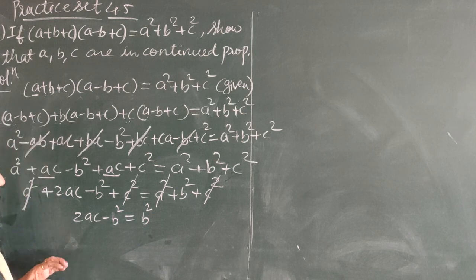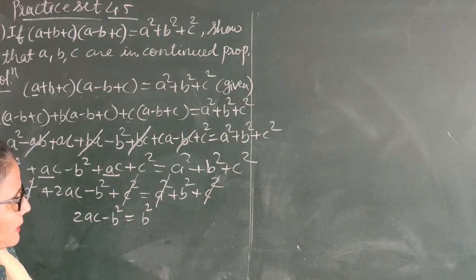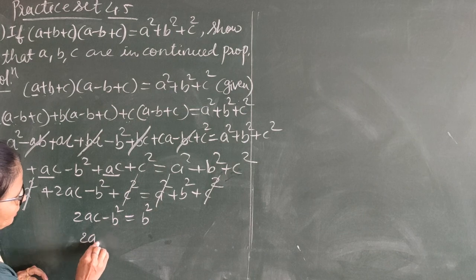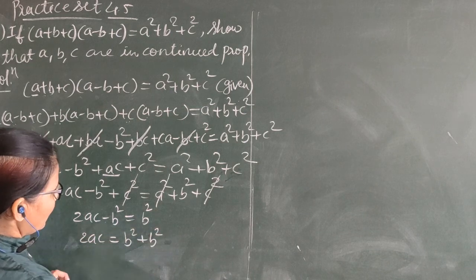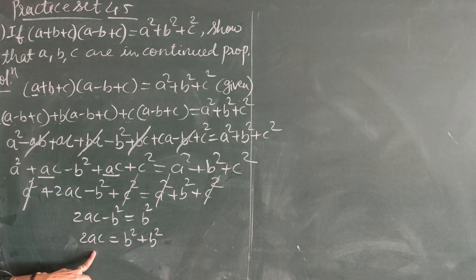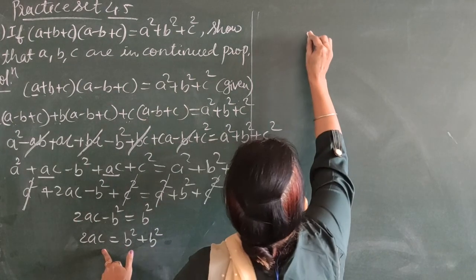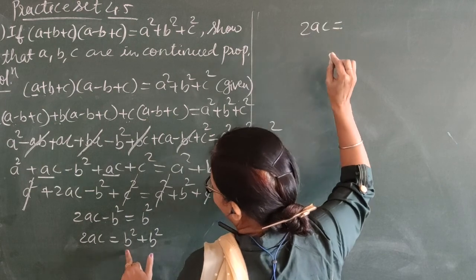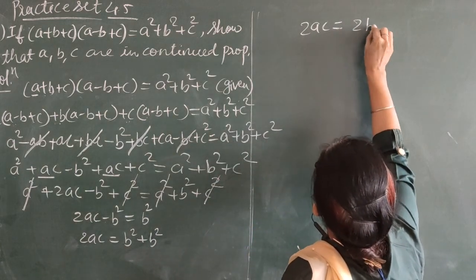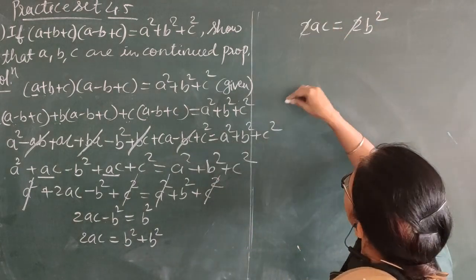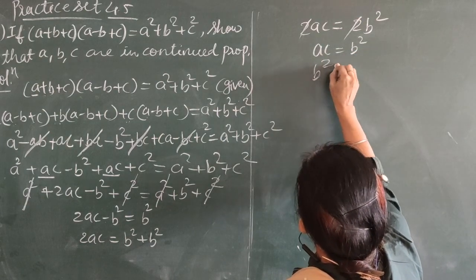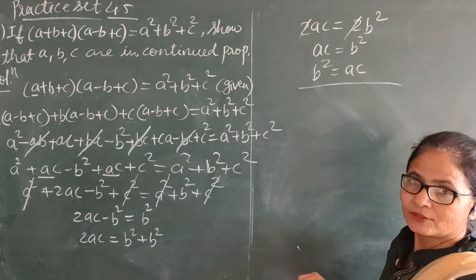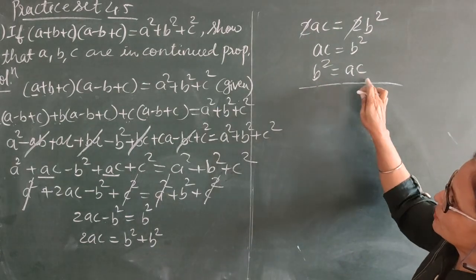Now let's transpose this b square to the right hand side. So what you will get? 2ac is equal to b square plus b square, which is 2b square. Again these two get cancelled, and you have got the answer: b square is equal to ac.